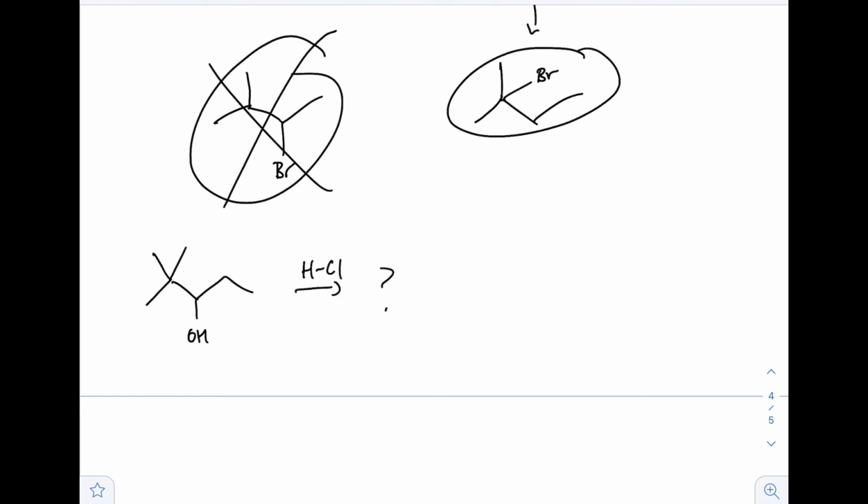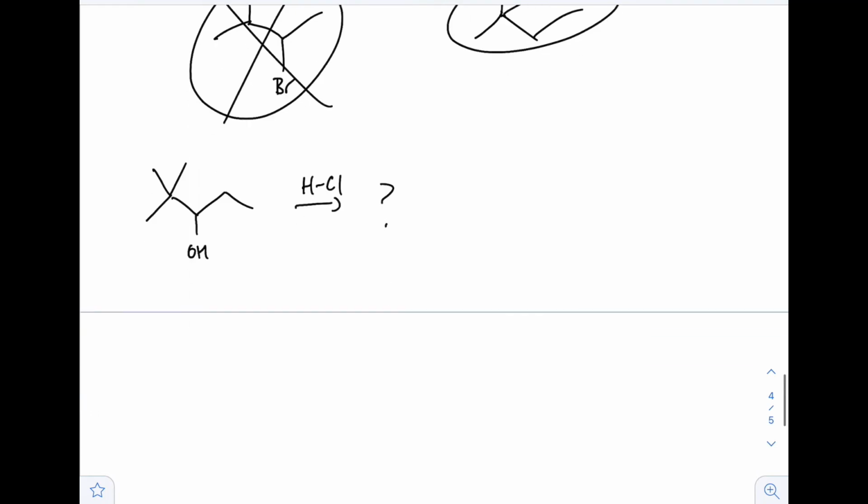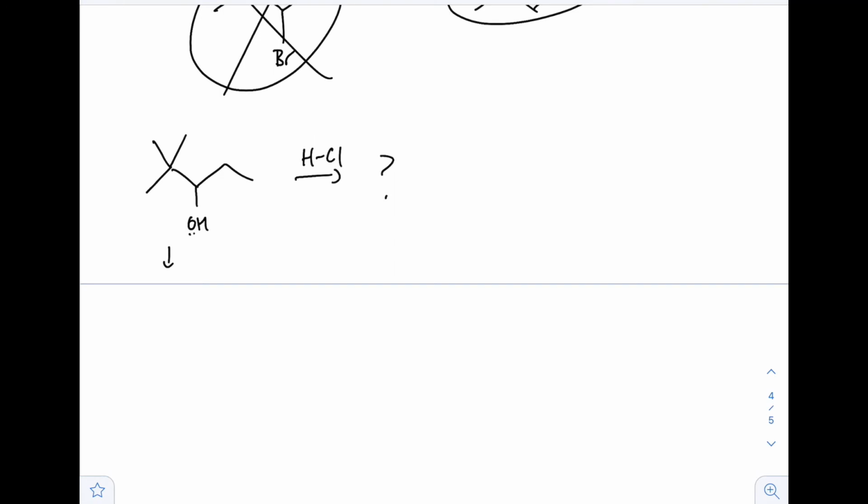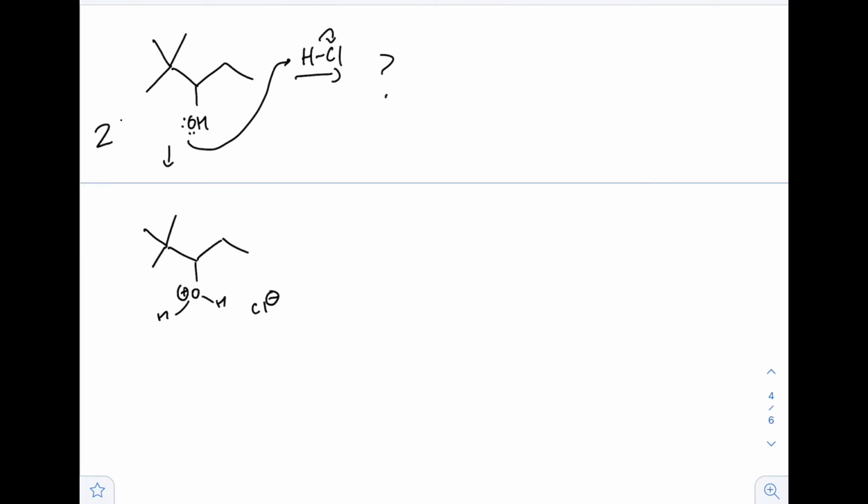Okay, so let's say we had this guy, this secondary alcohol again, with HCl instead. Remember, we don't need the zinc chloride with HCl unless we have a primary alcohol, so that's irrelevant here. We form that oxonium intermediate. This is a secondary alcohol, so it can leave, and we form a secondary carbocation.